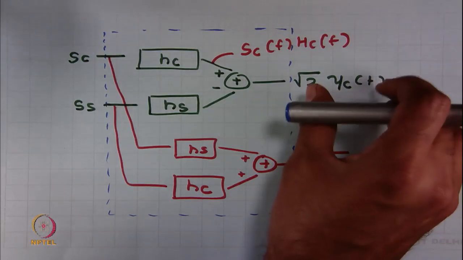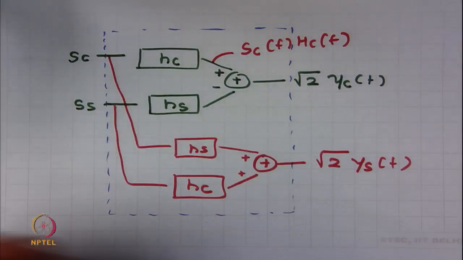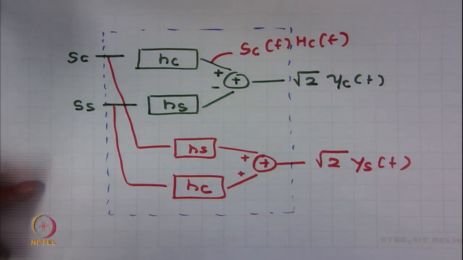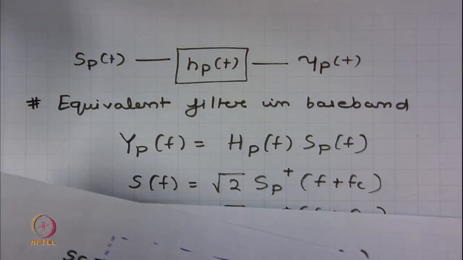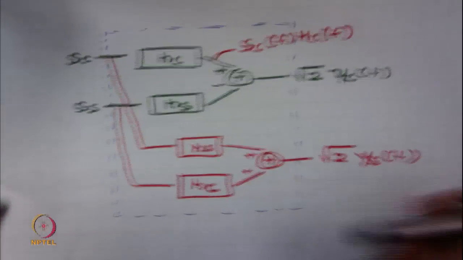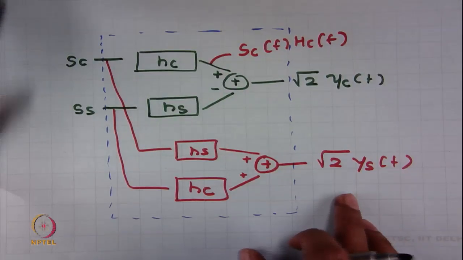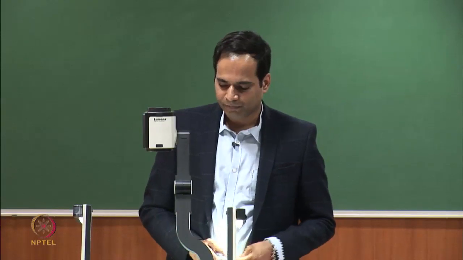What I end up with is the sine and cosine parts of y(t), and these would correspond to the passband system with which we started, which would have been implemented like this. So, instead of implementing this filter HP(t) in the passband domain, we can implement this filter in the baseband domain. Okay. So, that gives us some idea about what we have to do in baseband and how we can implement some of the passband filters in baseband.